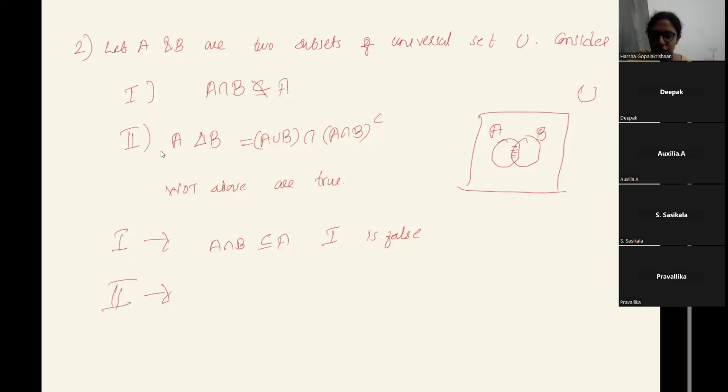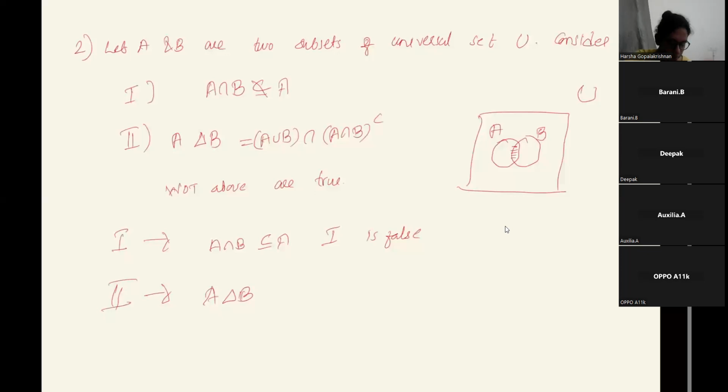What is the definition of symmetric difference? This is already covered, like the definition of symmetric difference. Anyone knows the definition?